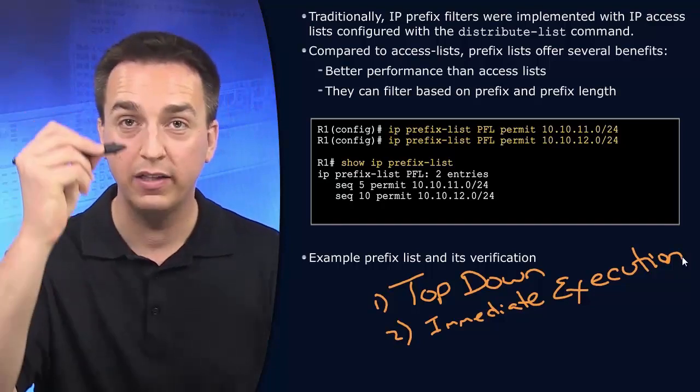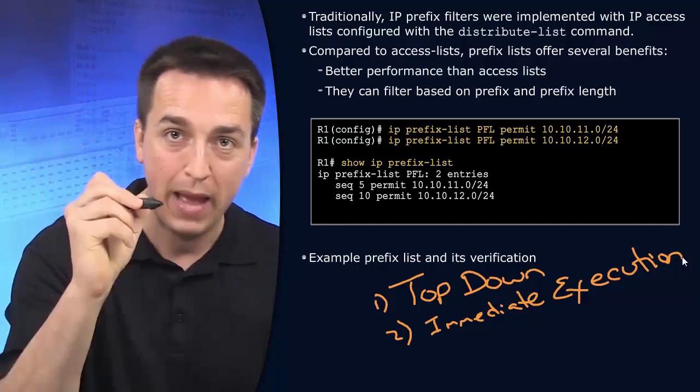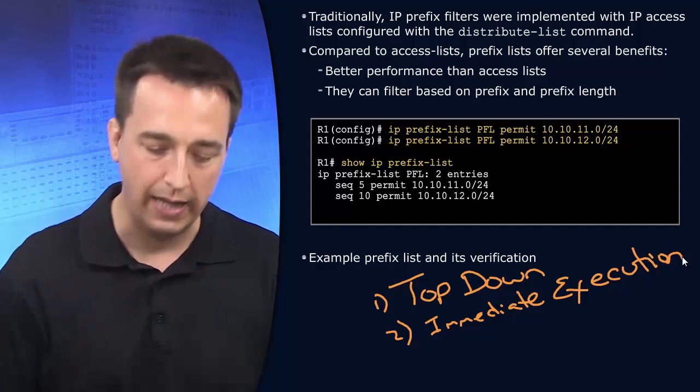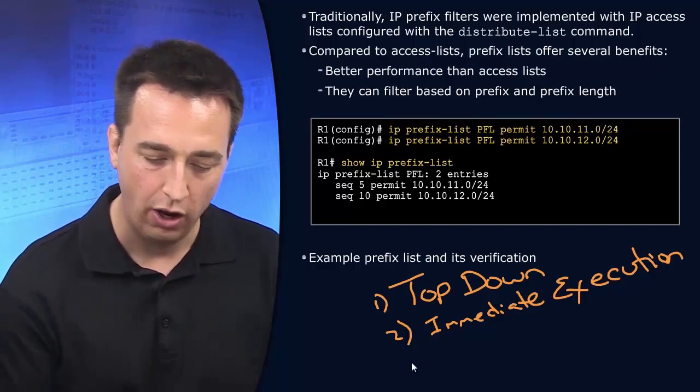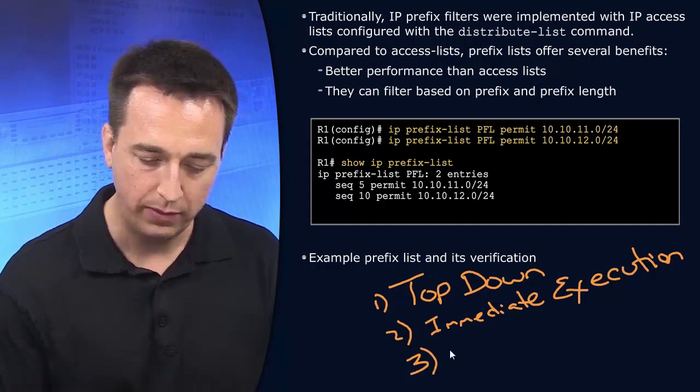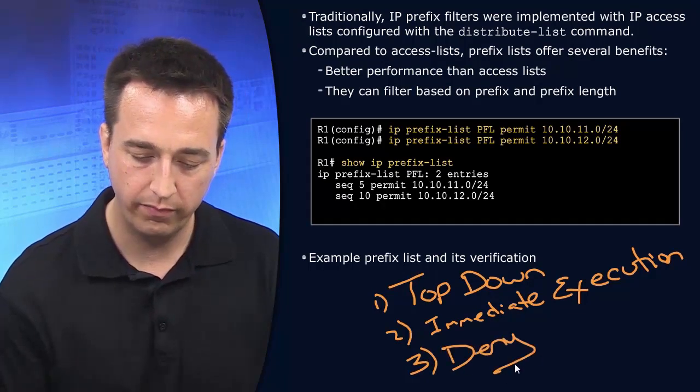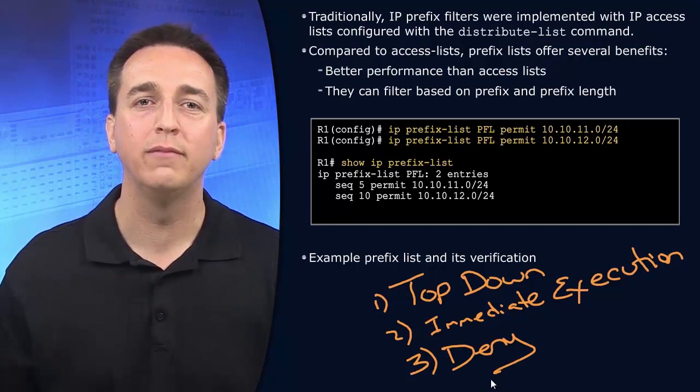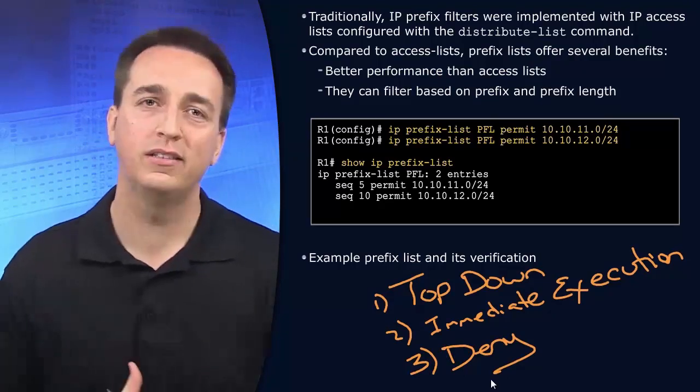So we look down the list, top down, find an entry, bam, we hit it, we process that. If we don't find an entry at all, no entry whatsoever that matches, what happens? Deny. Just like what? Just like access control lists.